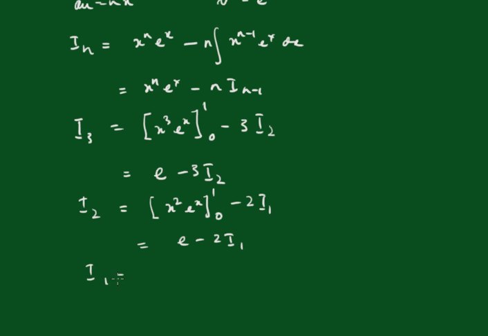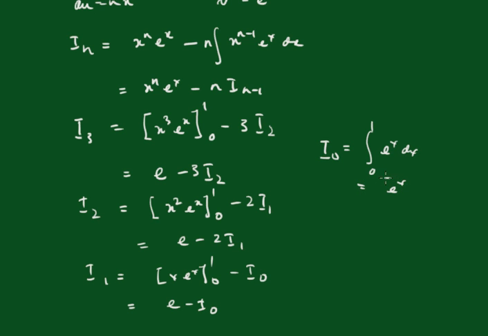I1 is going to be x e to the x between 1 and 0 minus I0. Okay, and that's going to be equal to e minus I0. I0 is equal to the integral of simply e to the x dx between 1 and 0, which is e to the x between 1 and 0, which is e minus 1.